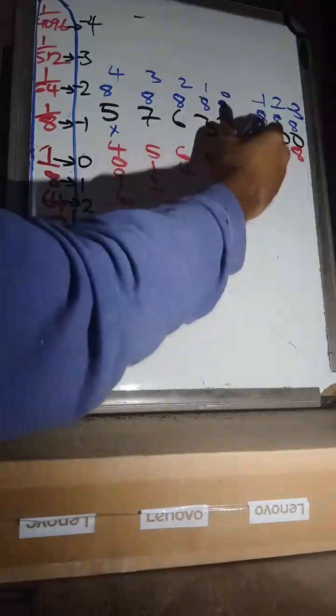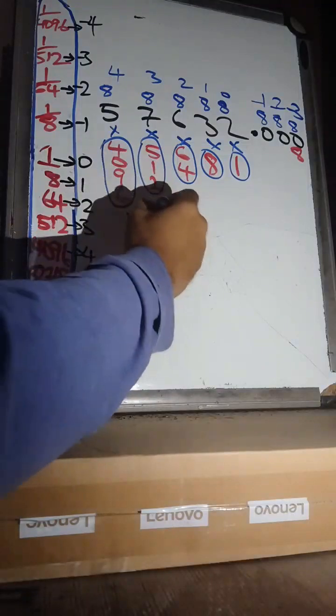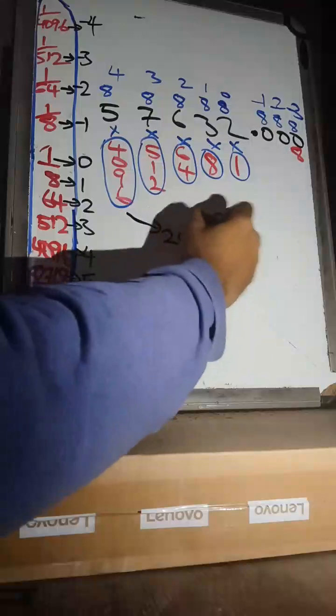So 1 here, 8 here, 64, 512, and that. So this will be 20,480.